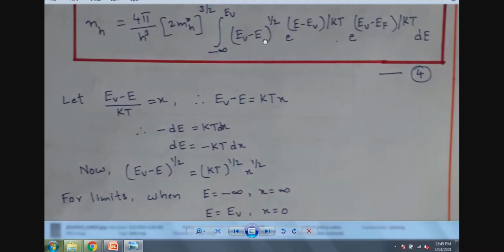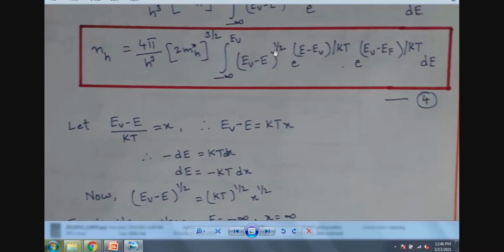Okay, similarly, (EV minus E) by kT, assume it is x. There it was E minus EC, here EV minus E by kT is equal to x. Okay, so EV minus E is equal to kT x, differentiate, right? You got minus dE is equal to kT into dx.